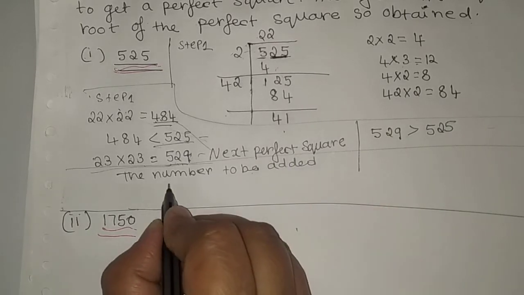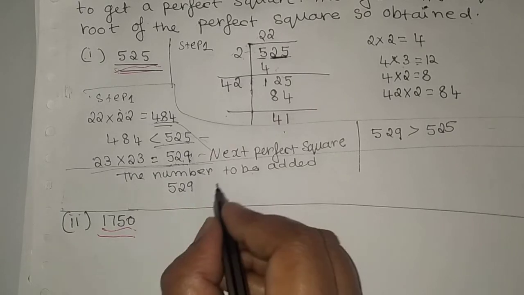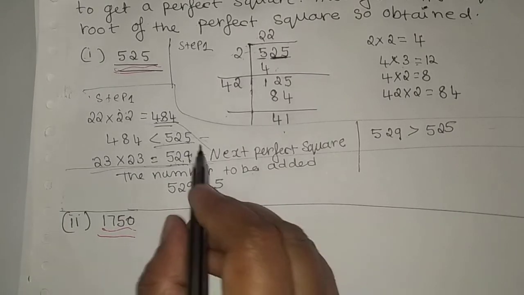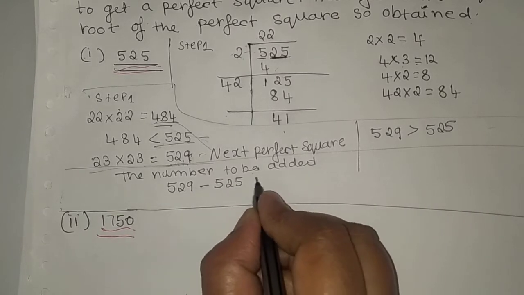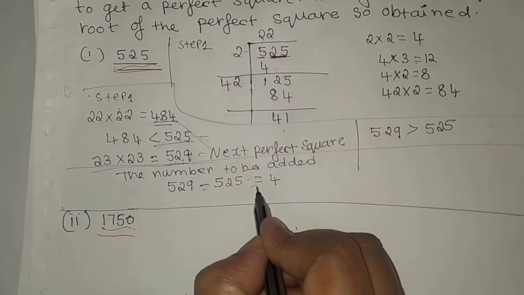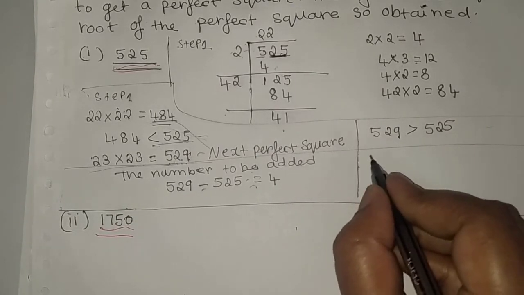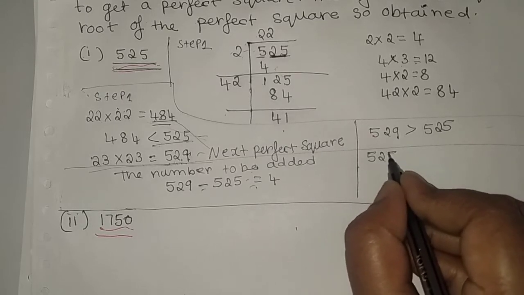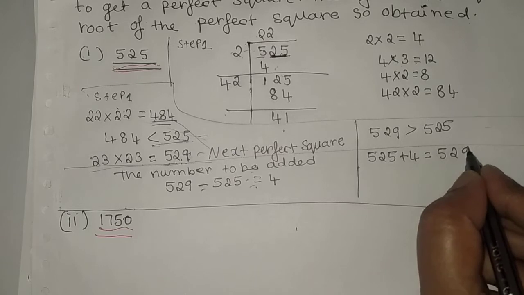What we write is the perfect square we took minus the number given in the problem, that is 529 minus 525, we'll get 4. Therefore finally we have 525 plus 4 will become the perfect square, 529.